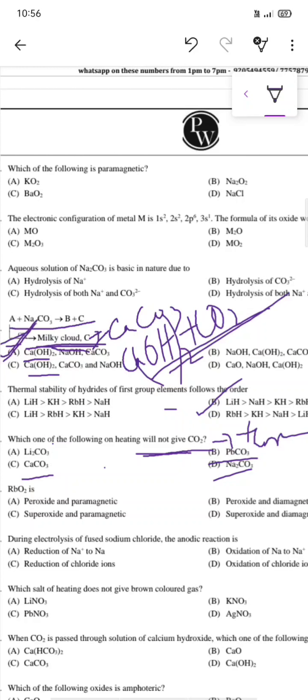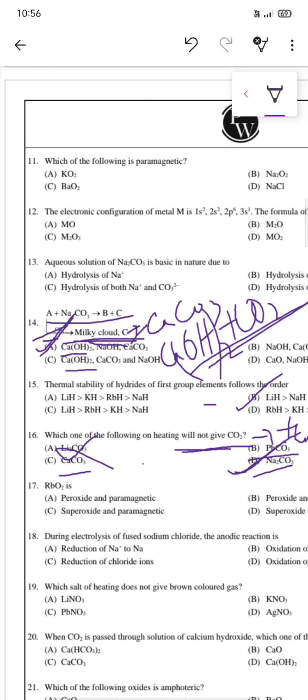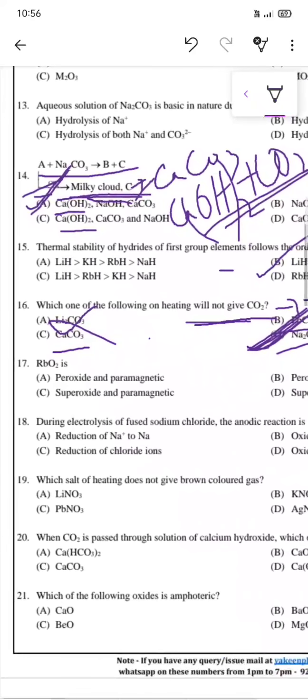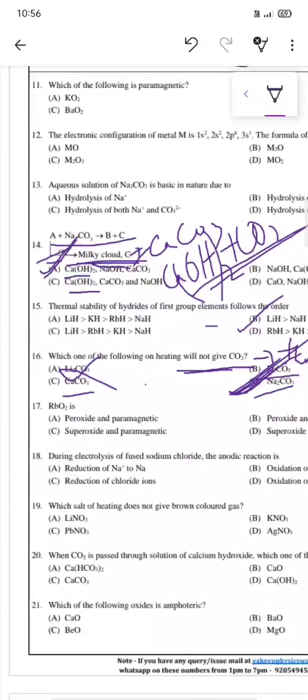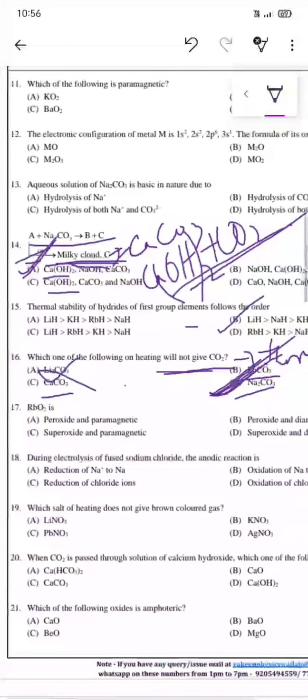So carbonates of first group are thermally stable except lithium. So answer is D. 16D. If you are a Yakeen batch student then you can know this because Survey sir taught me. If you are not a Yakeen batch student then you can revise by your own track.